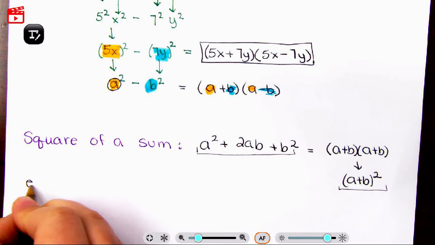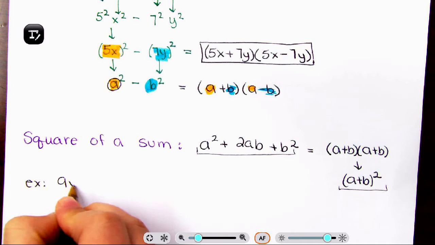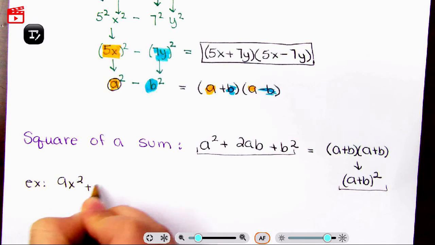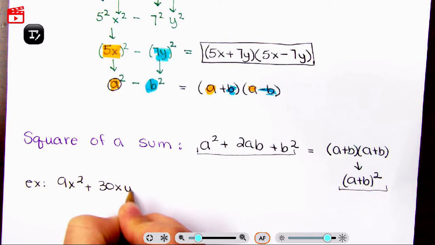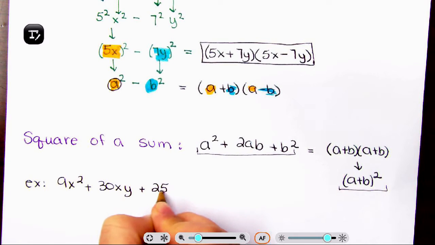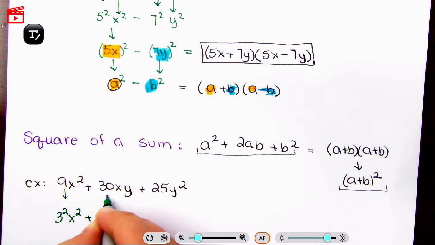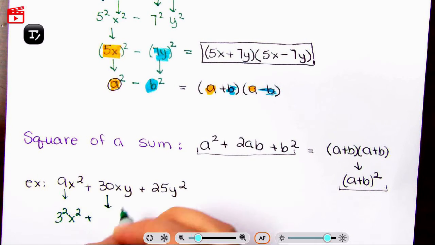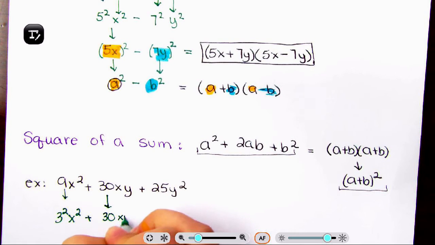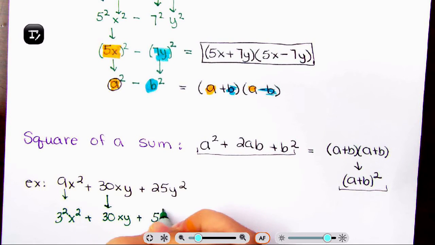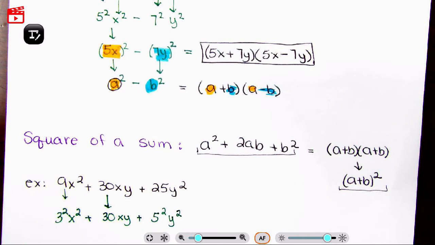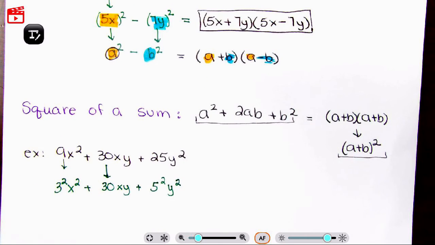For an example, we have 9x squared plus 30xy plus 25y squared. So we have 3 squared times x squared, plus 30xy, plus 5 squared times y squared.